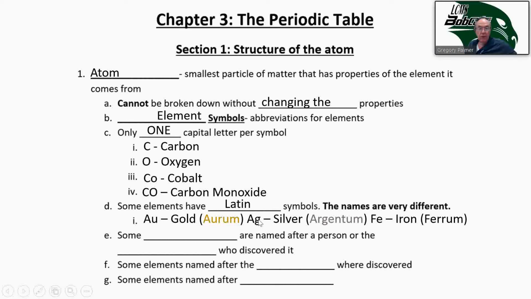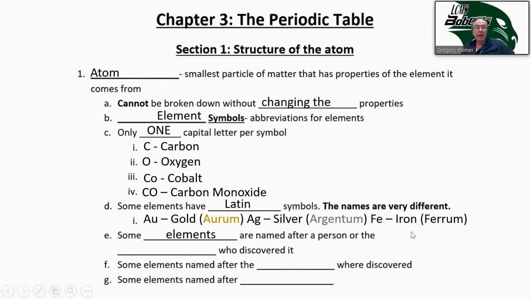The symbol for silver is Ag, and the Latin word for silver is argentum. And iron, its symbol is Fe, and the Latin word for iron is ferrum. So when you see that the letters are very different from the English word, like the letters for gold, silver, and iron, it's a Latin symbol.